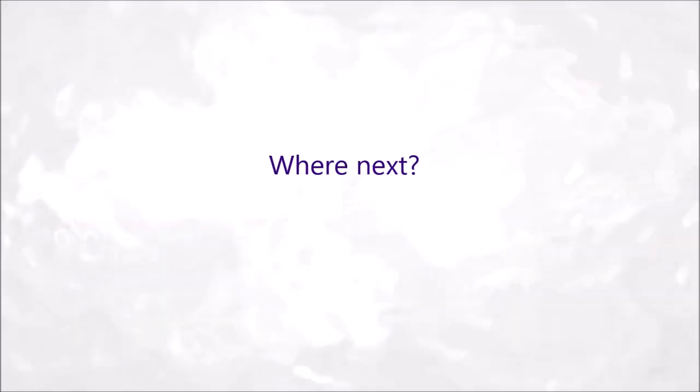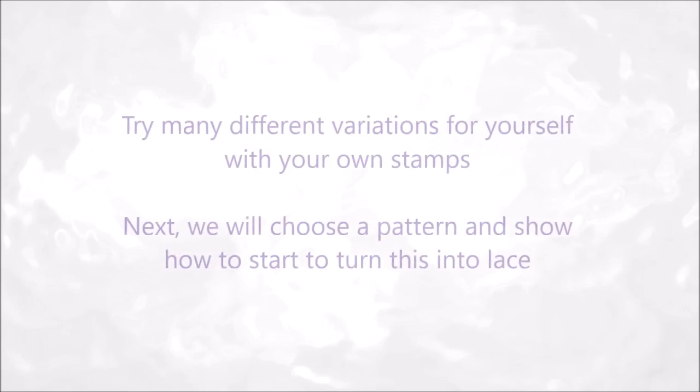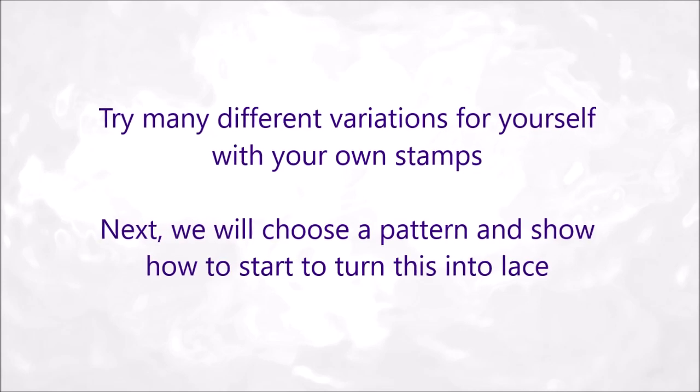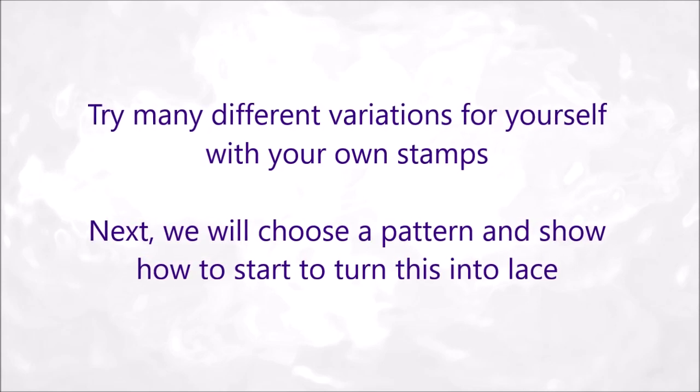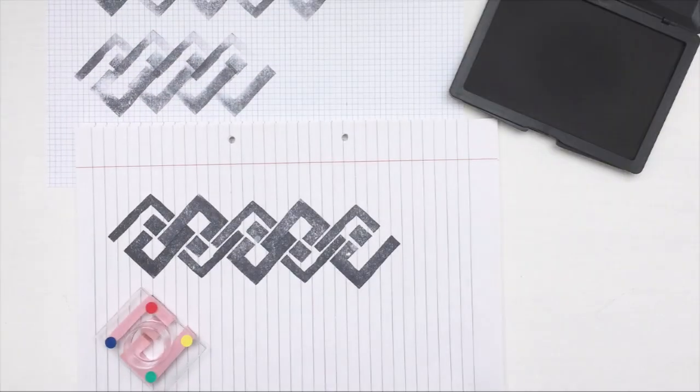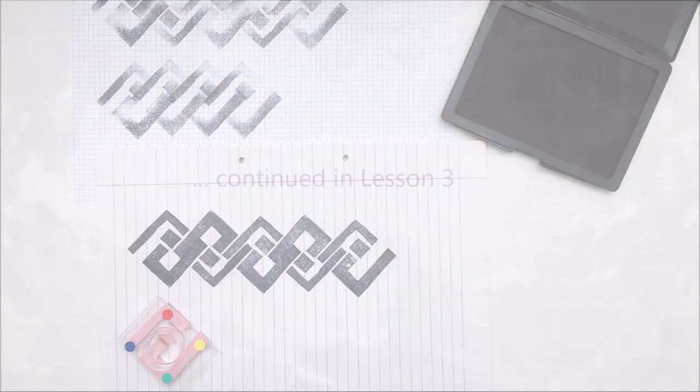Where next? Try many different variations for yourself with your own stamps. Next, we will choose a pattern and show how to start to turn this into lace. To be continued in Lesson 3.